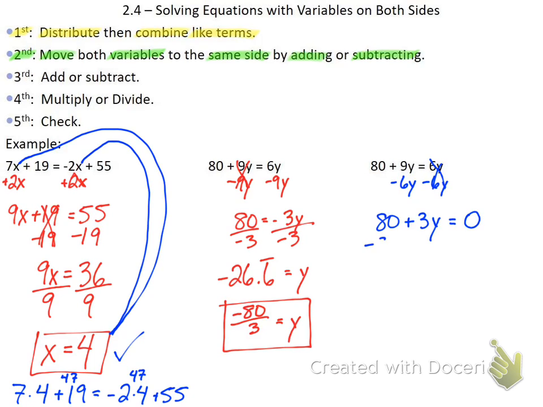From there, I could subtract the 80 to the other side and get 3y is equal to negative 80 and divide both sides by 3. So again, I get y is equal to negative 80 over 3, or negative 26.6 repeating, negative 26 and 2/3.